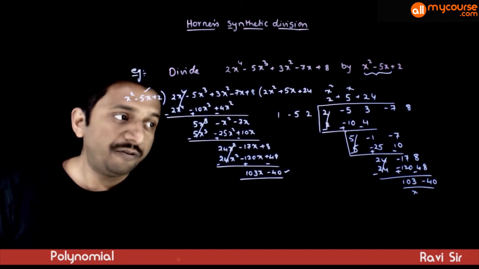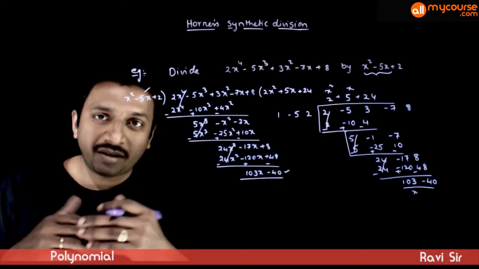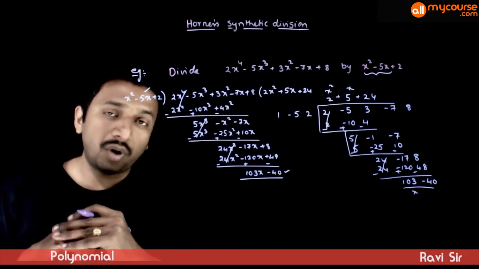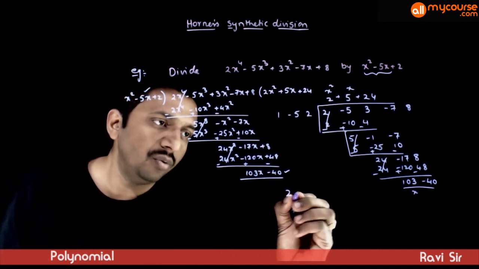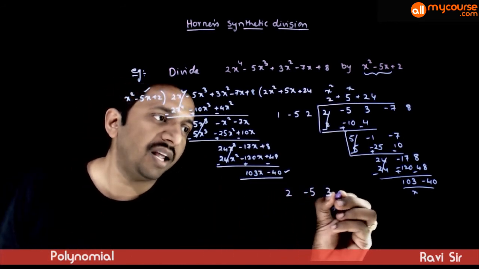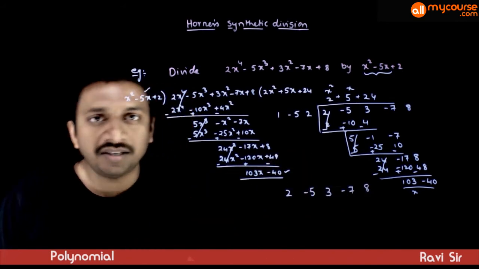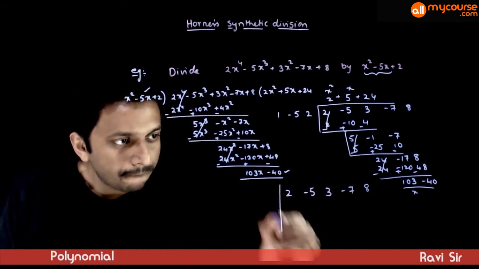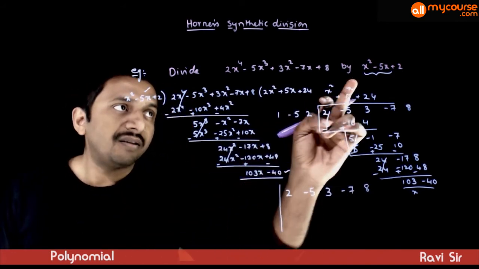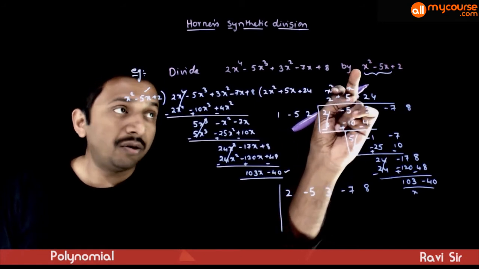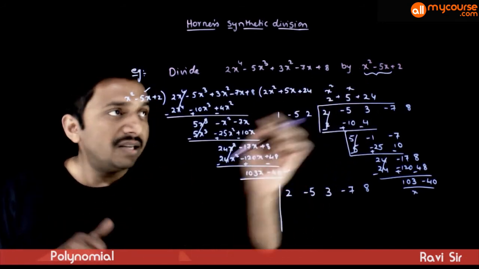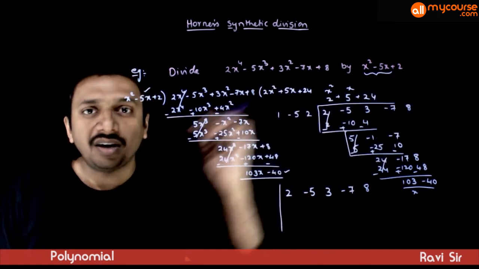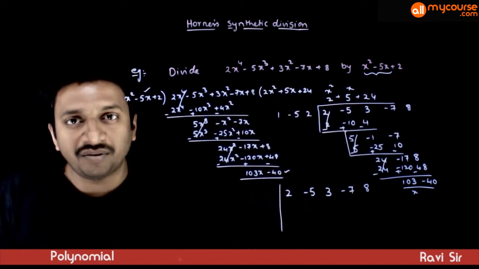Now if you use a better Horner's process, what you need to do is, write 2, minus 5, 3, minus 7, 8. If the leading coefficient is 1, you don't need to write it. Just change the signs of the remaining powers of x.